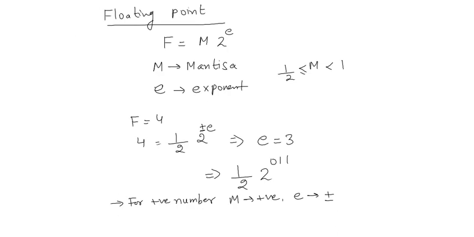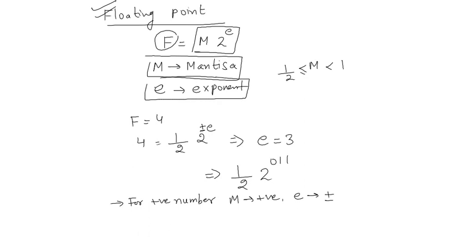Now what will happen in the case of floating point? In floating point, basically, let's say that f is the floating point number. Your floating point processor deals with that number f in this particular form: m times 2 to the power of e, where m is known as the mantissa and e is the exponent.